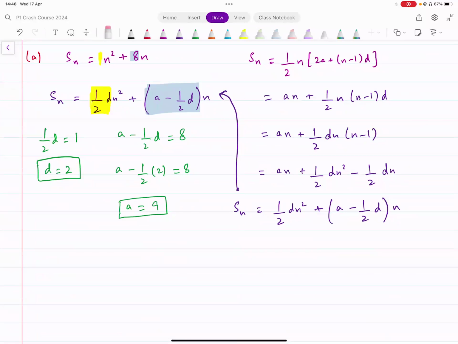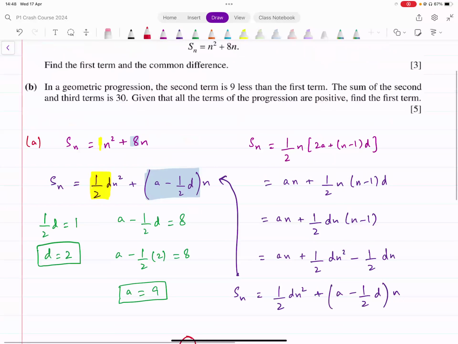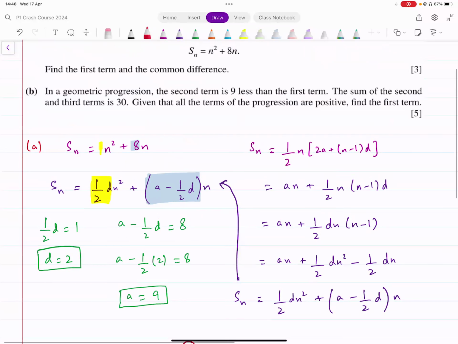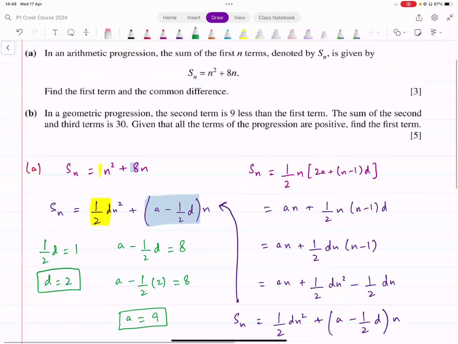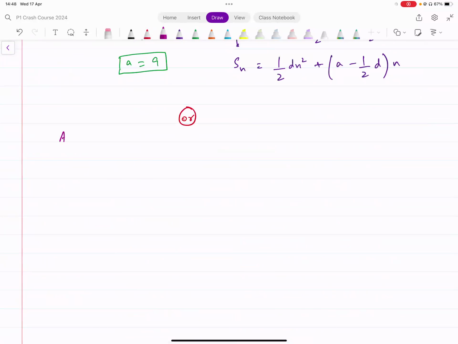Okay. But again, in this particular problem, you could think of it one other way as well. Now, you need to make sure that you understand this method, comparing coefficients. You do sometimes need to do this, and that would be the only method in some questions. However, in this case, you could also do something else. We know it's an arithmetic progression.